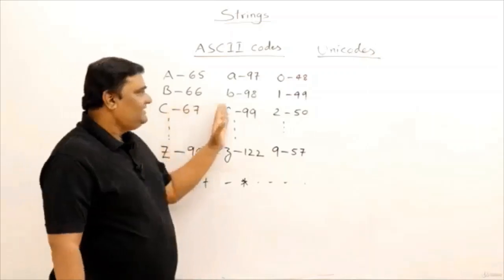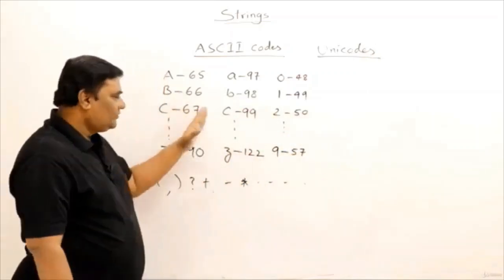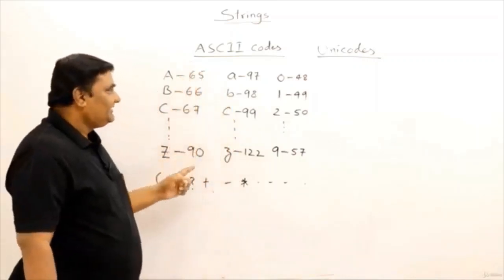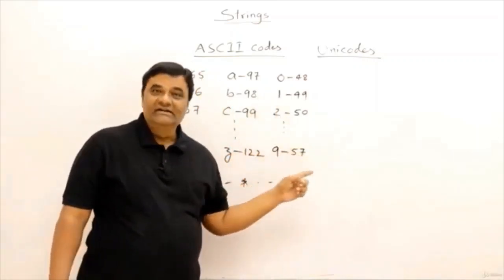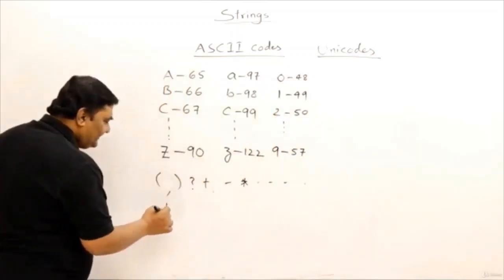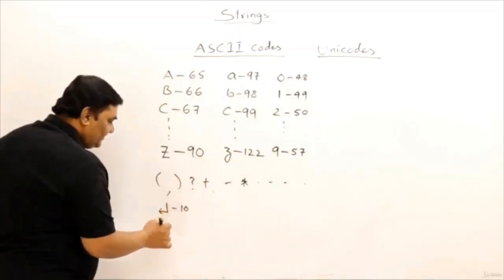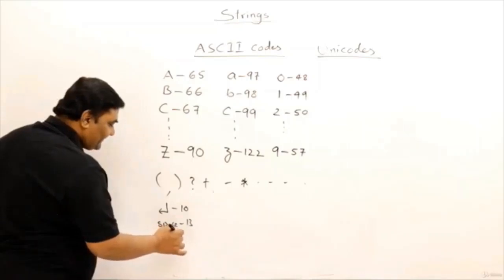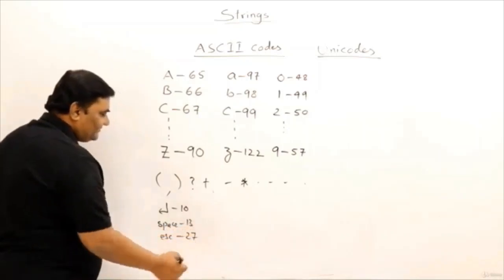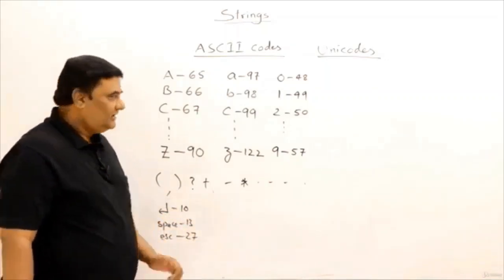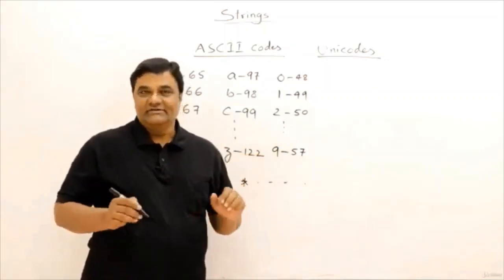Generally we work with these symbols, so I have written the ASCII codes, and you should remember these ASCII codes for uppercase English alphabets, lowercase, as well as these numeric symbols. And also for enter the ASCII code is 10, for space bar it is 13, and for escape the ASCII code is 27. So these may also be helpful if you can remember them. So this is a set of ASCII codes.